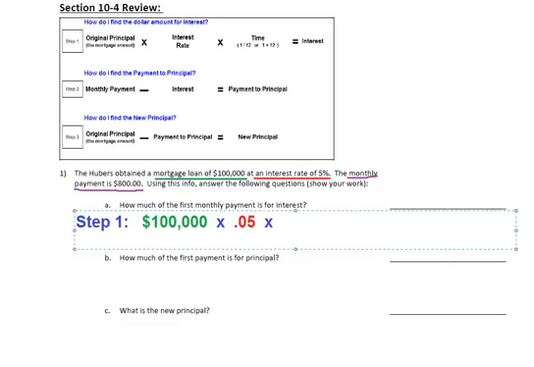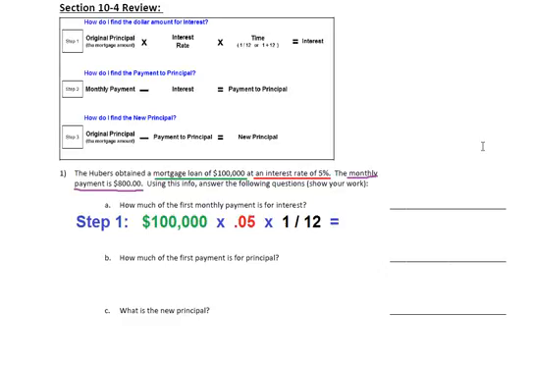Last thing we need to do is multiply it times time. And if you look up here at the top, we have a certain thing that we have to type in or write in for time. What I'm going to do is write in 1 divided by 12. That represents a month. Okay? So, there's our formula.